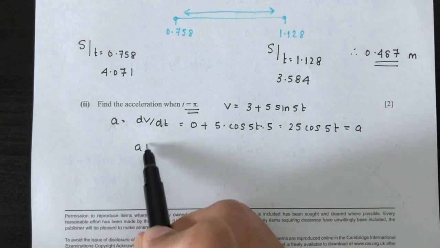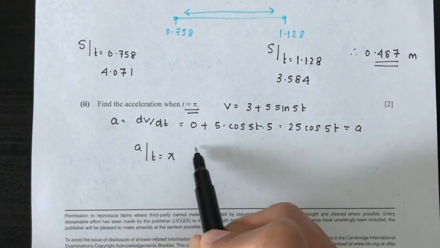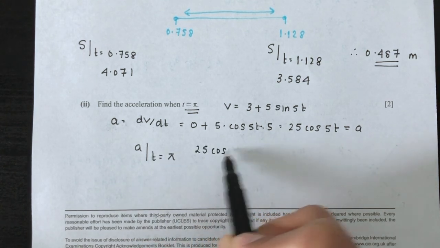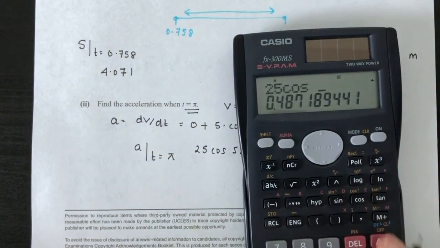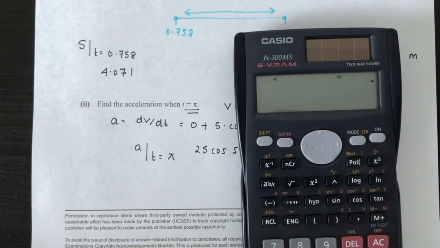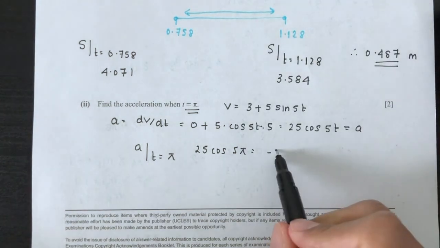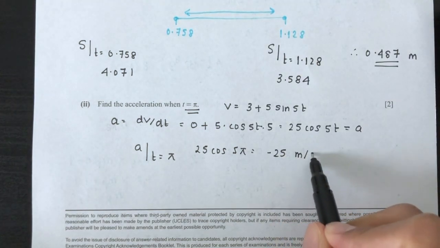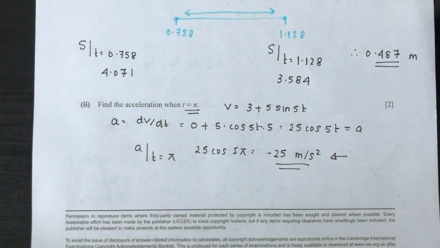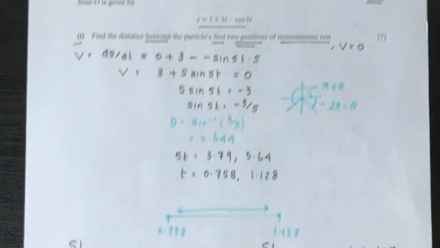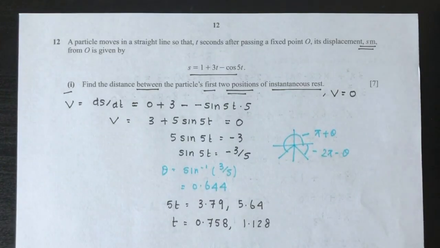Now we have to find the value of a when time equals pi. So 25 cos 5 pi. That will give you minus 25. So minus 25 meters per second squared will be your acceleration at this time. And that will be your last question of this paper. This is question number 12.